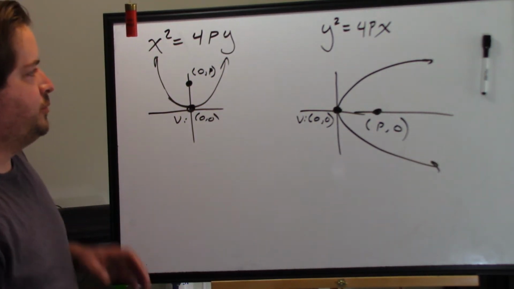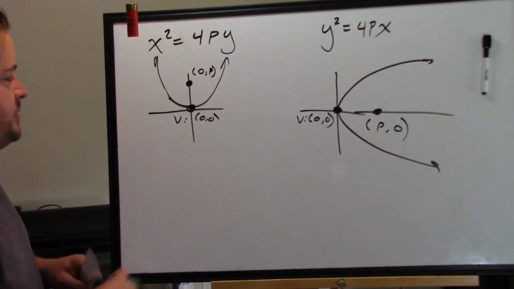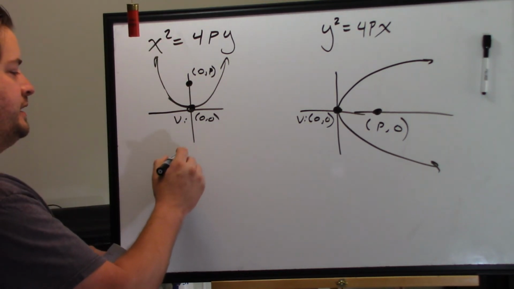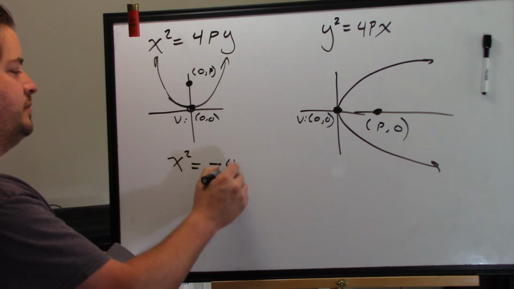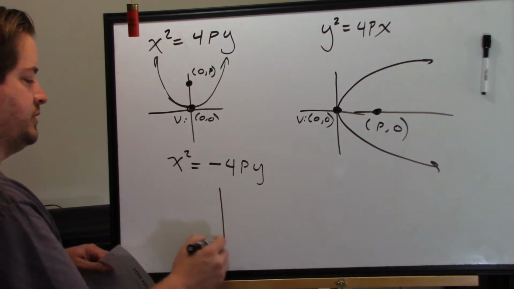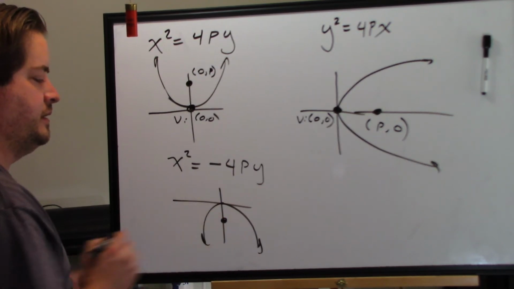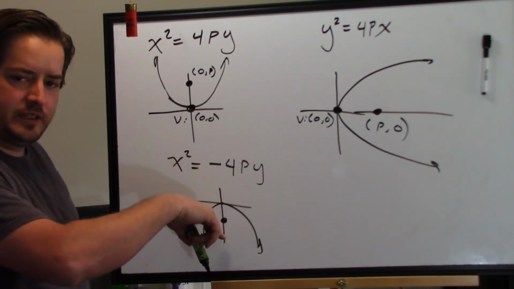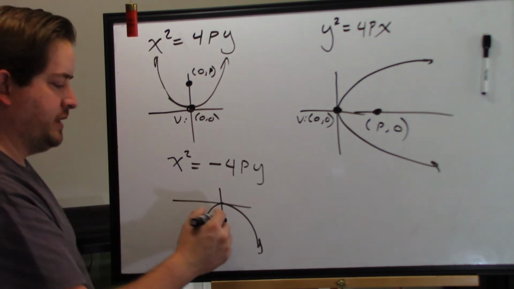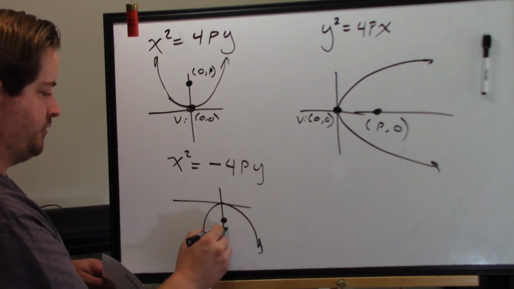Now there are some other parabolas. I can switch this and flip it upside down, and if I do, then it's simply just a negative in my equation. This will give me a downward facing parabola. That focus is p units into the parabola, so that's 0, negative p.